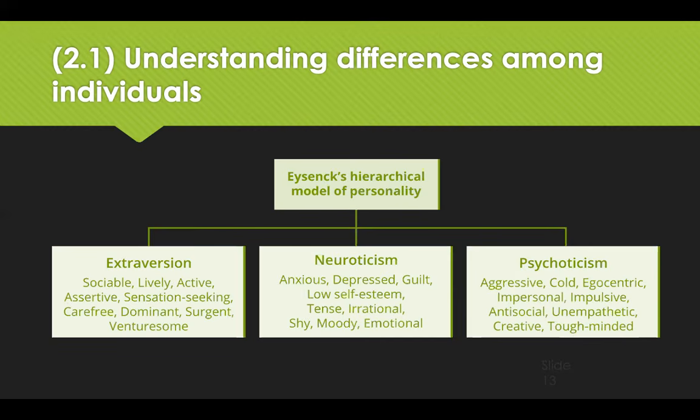And then the psychoticism, which is aggressive, cold, egocentric, impersonal, impulsive, antisocial, unempathetic, creative, and tough-minded. So you can see how these personality traits are centred over these criteria, and you've got the worst case scenarios versus the best case scenarios here.